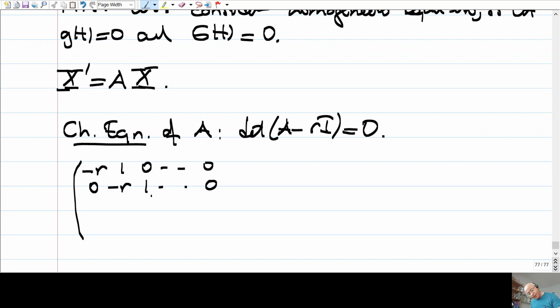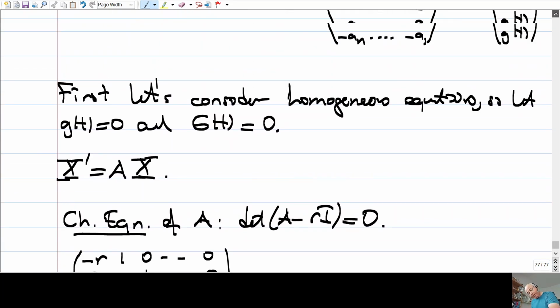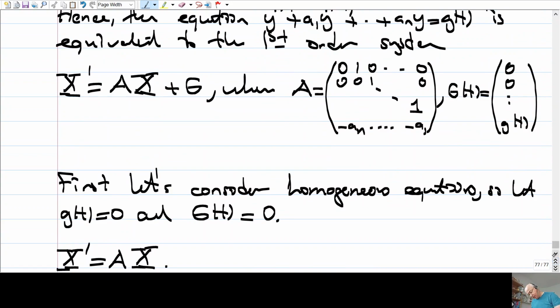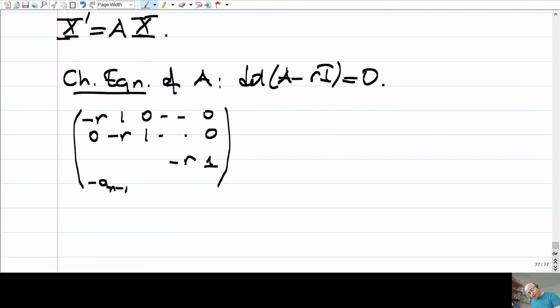It will go like this up to 1 here minus R, and the last row will be what? Minus an minus 1, değil mi? Evet. The last entry will be minus a1 minus R, and we have determinant of this equals 0.